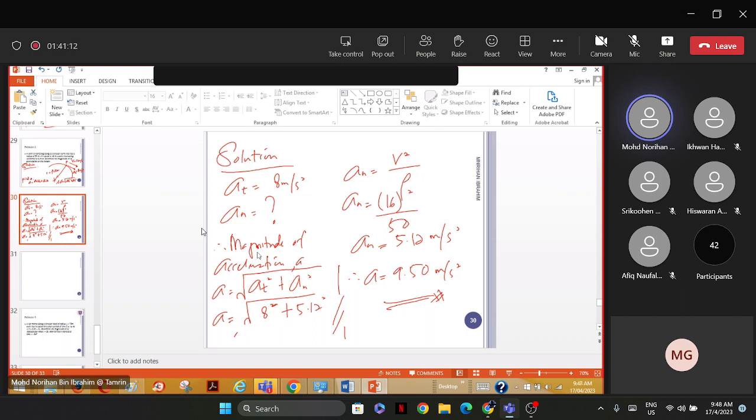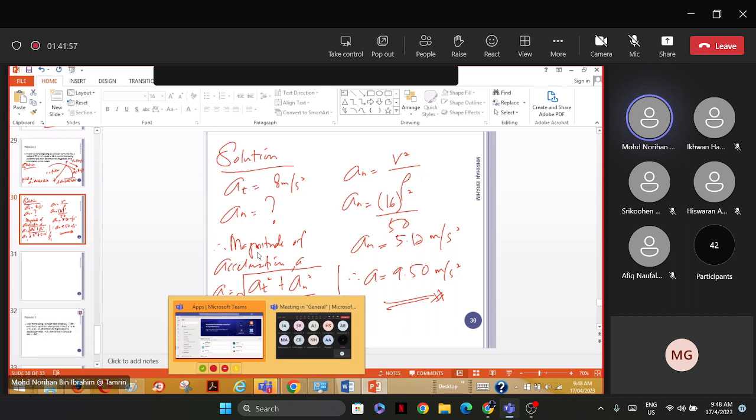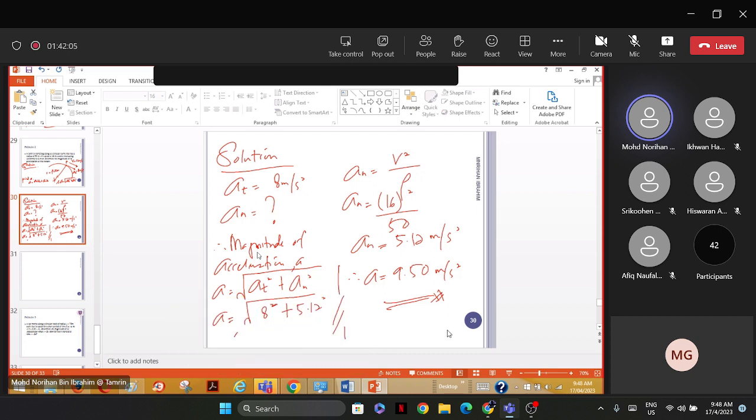Erratic motion is concerned with problems shown graphically, for example a diagram of a car or motorcycle with graphical expressions of its motion over a time range, whether it is given as an equation or just constant values. In the given examples, try to familiarize yourself with those methods of solution. Those are among the things that will come out in this test one. Similarly for projectile motion, try to understand exactly how to solve problems concerning projectile motions.